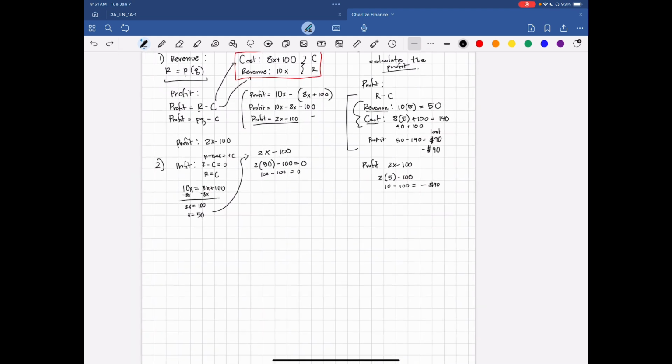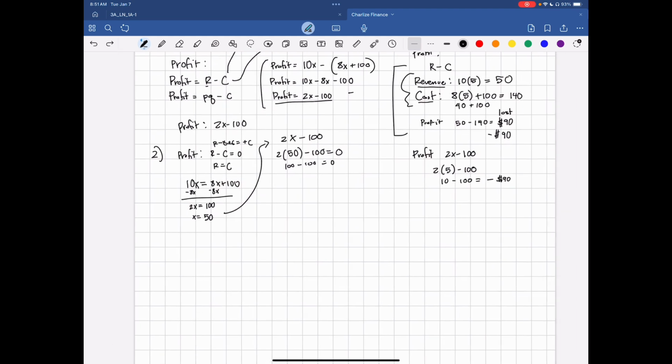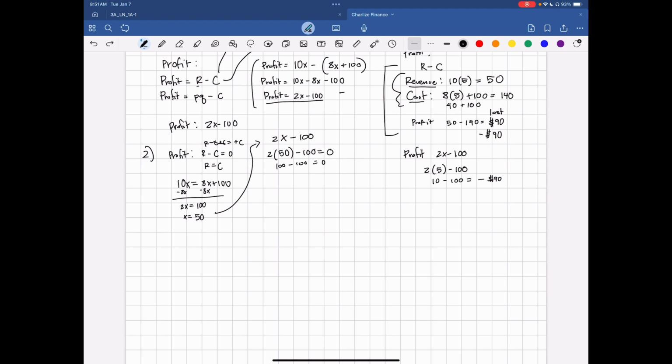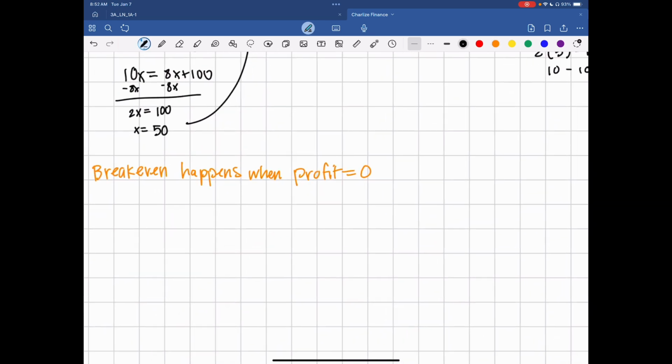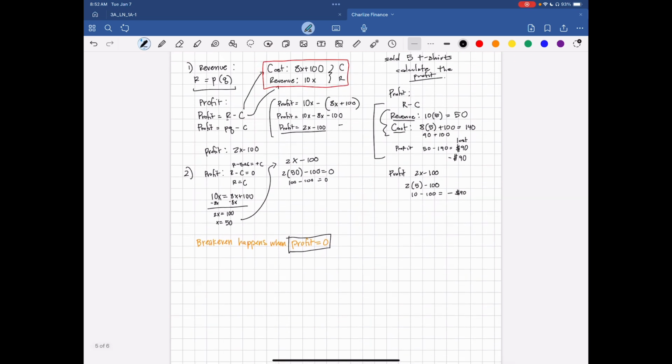The second way is, because I know break even happens when profit equals 0. And I'm focusing on this idea here, profit is equal to 0.